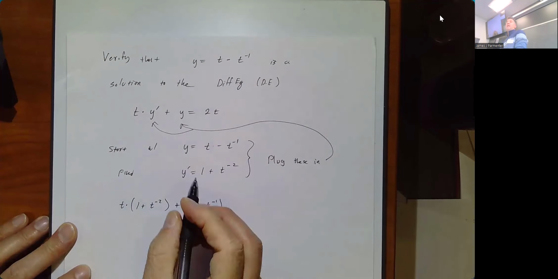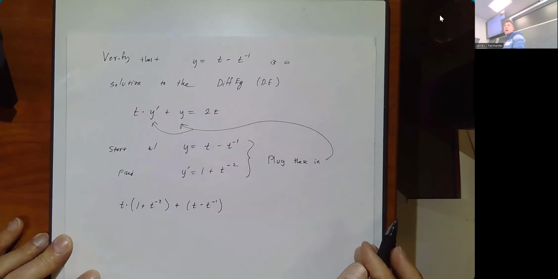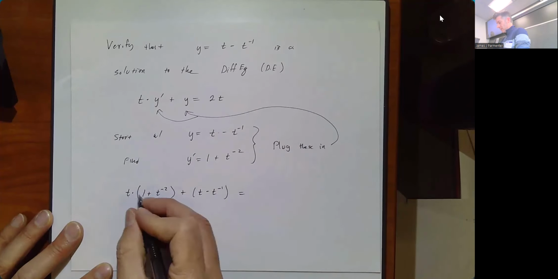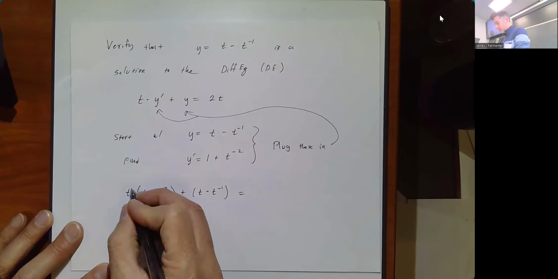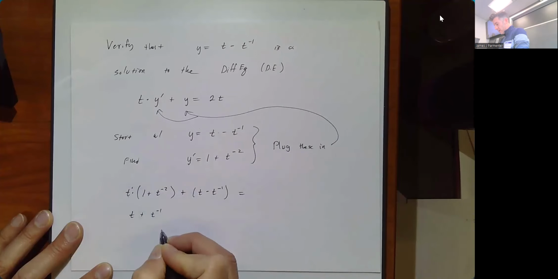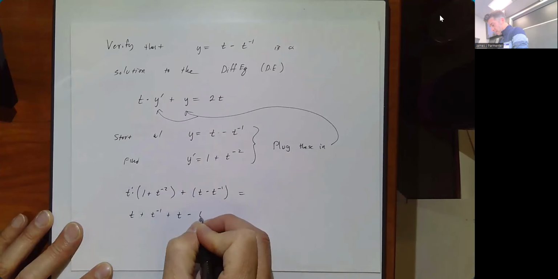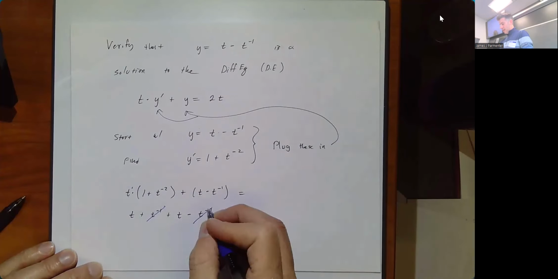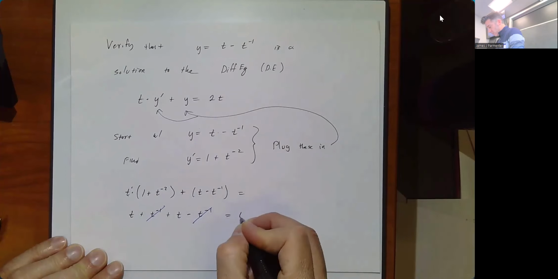I actually don't want to say it's equal to 2t. I'm going to do the work to get to 2t. So if I simplify this, t times 1 is t, t times t to the negative 2, I add the powers, I get t to the negative 1, plus t minus t to the negative 1. The t to the negative 1s cancel out because they're opposite signs. And then I'm left with t plus t, which is 2t.